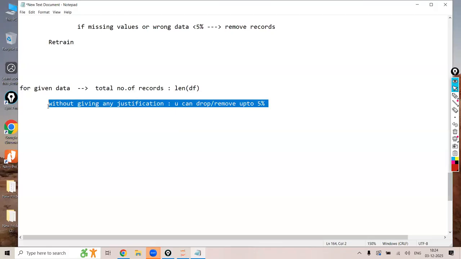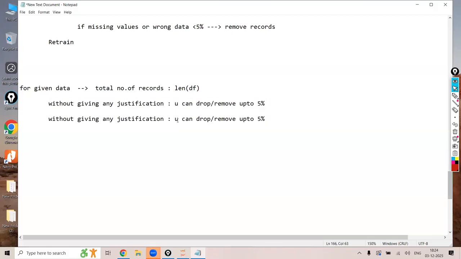But when you have to drop or remove more than 5%, in this case, you have to give the justification.